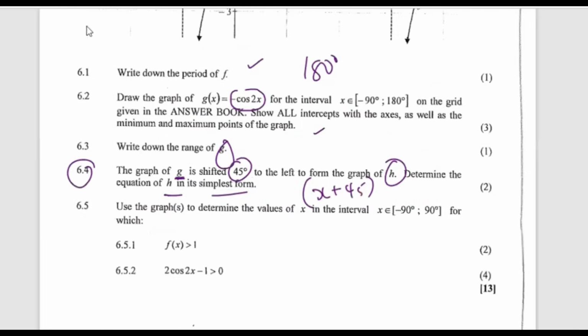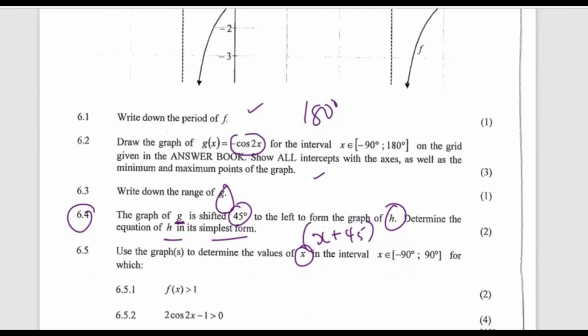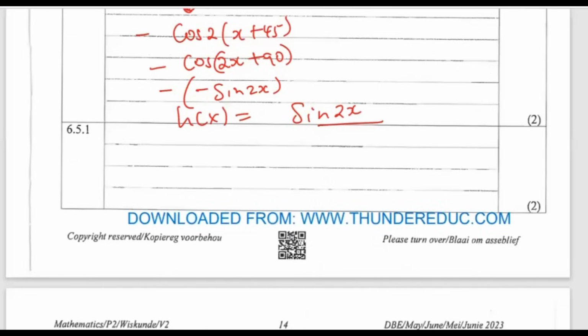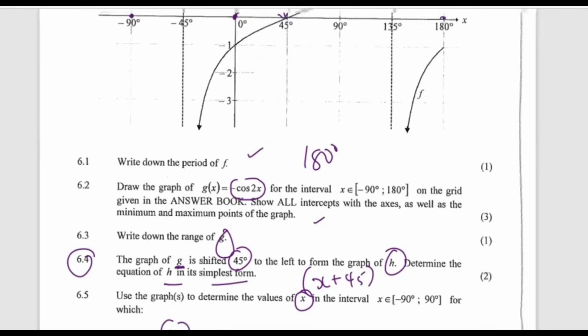Okay. Then 6.5, using the graph, determine the values of x for which, using the intervals of -90 and +90 only. -90 and +90, not 180. So for which we want f of x to be greater than 1.